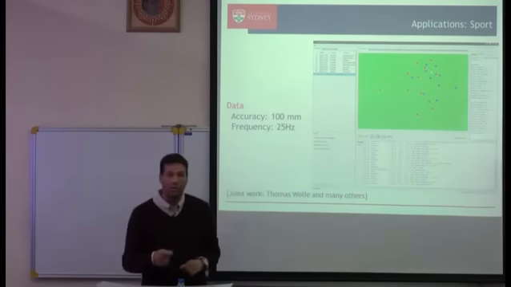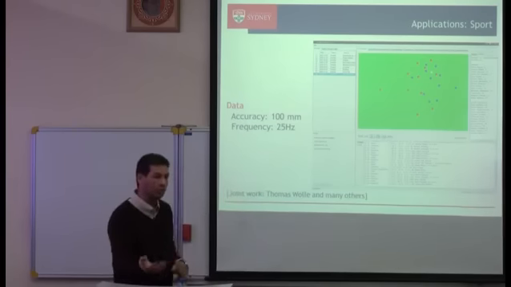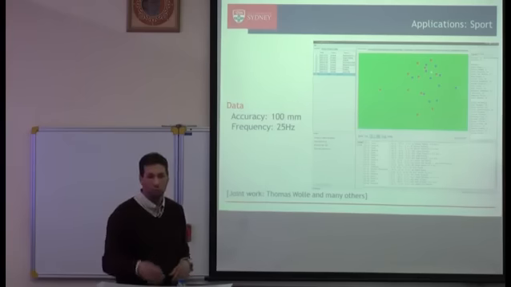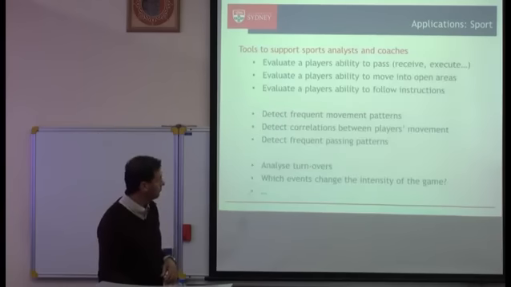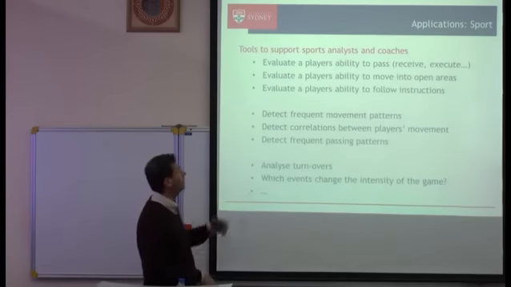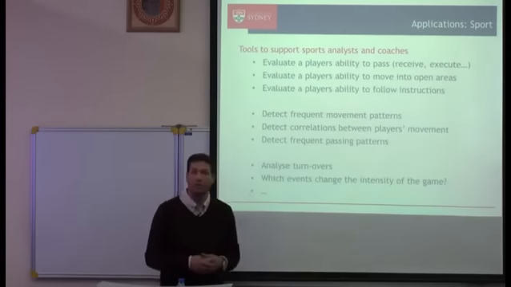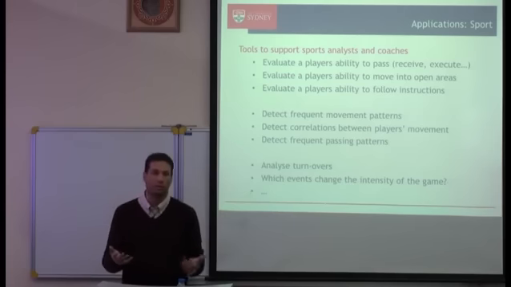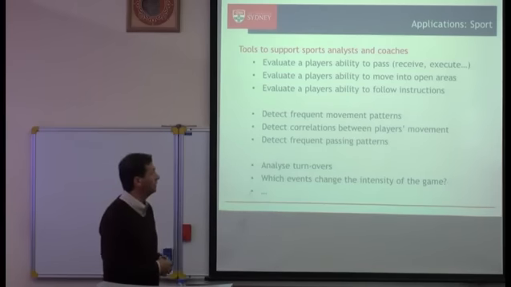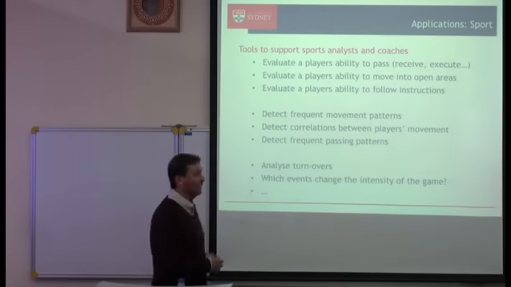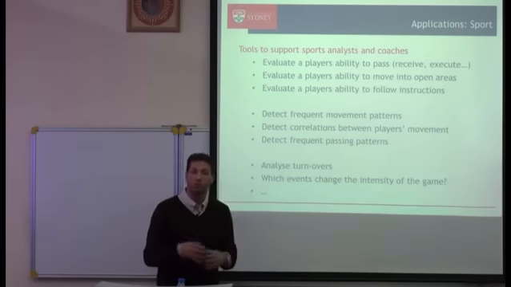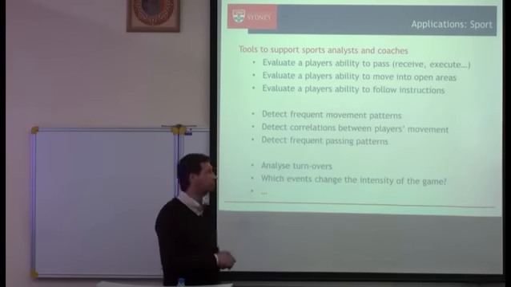So which player passed the ball to which other player, what is the speed of the ball during that time, and so on. And there you want to do things like, is it possible to evaluate the player's ability to, for example, make a pass or receive a pass? Can you evaluate the player's ability to move into an open area, to be open for a pass?